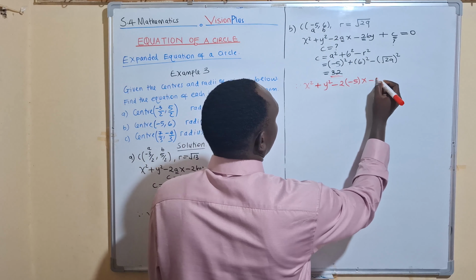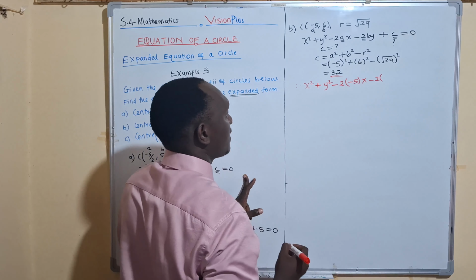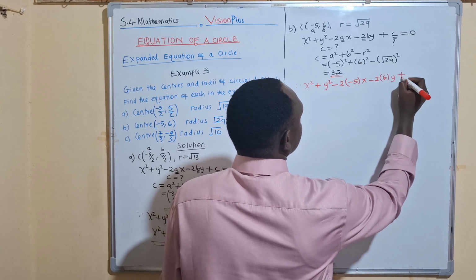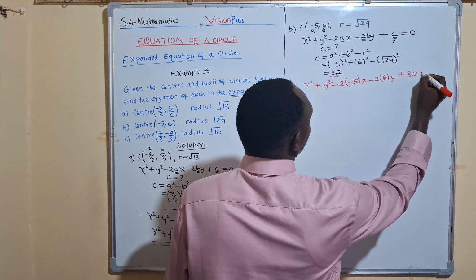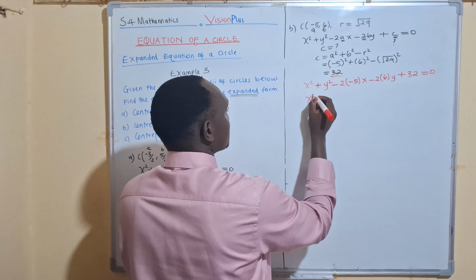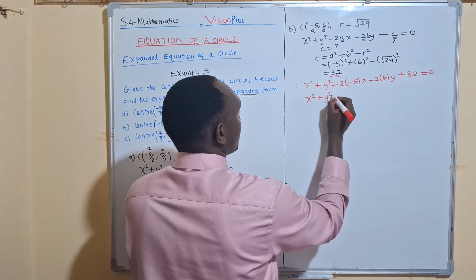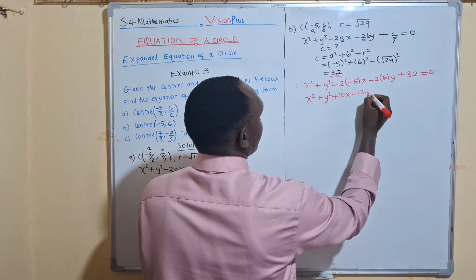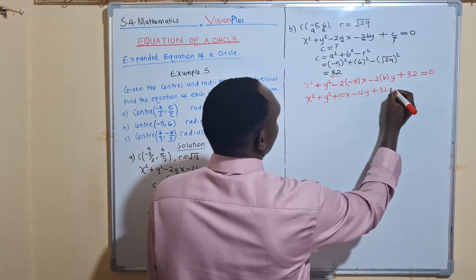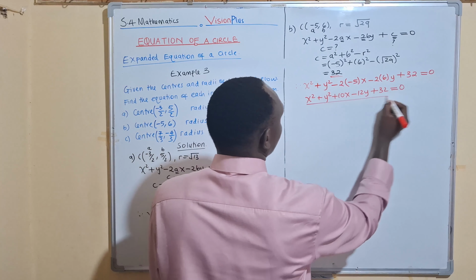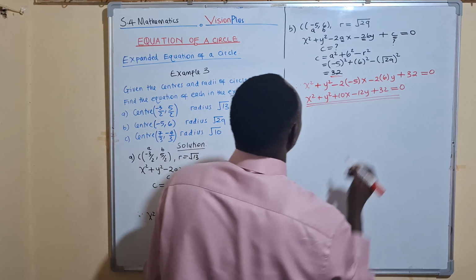There is that x, minus 2 again. What is b? B is 6. There is y, plus c. What is c? C is 32 and equal to 0. And we simplify here. This gives us x squared plus y squared plus 10x minus 12y plus 32 equals to 0. And this is the answer for part B.